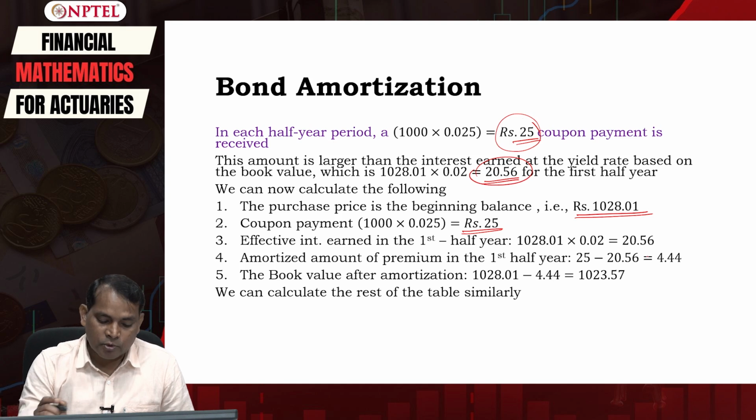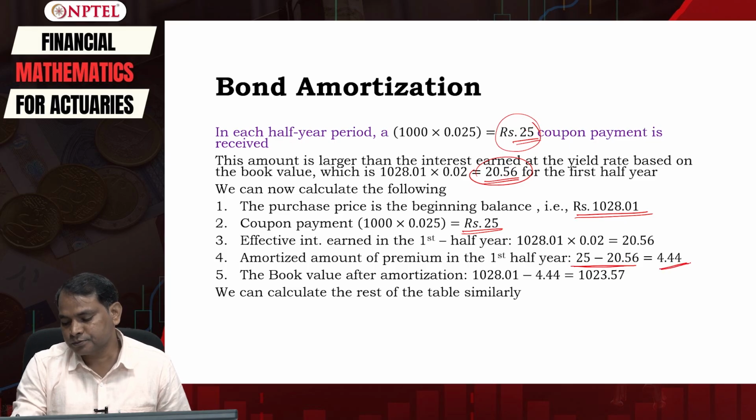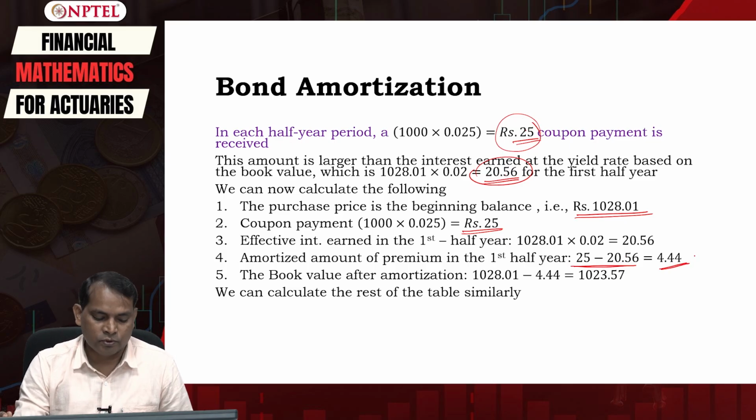So the amortized amount of premium in the first half year is 25 minus 20.56, which is equal to 4.44.